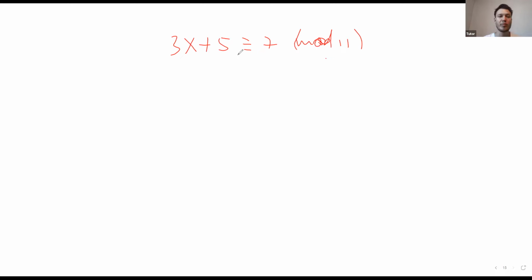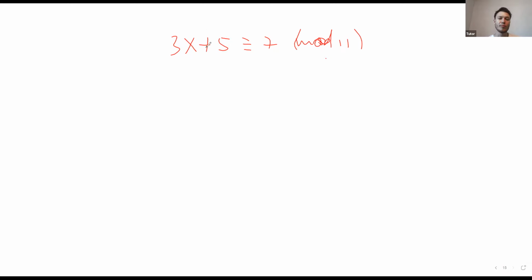So maybe this could be a problem where you have 3k plus 5 cookies. Somebody tells you that you have some number of cookies, and when you put them in 3 bags, you have 5 left. But when you split them among 11 students, you get 7 left.